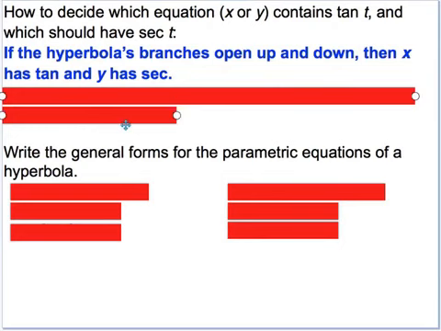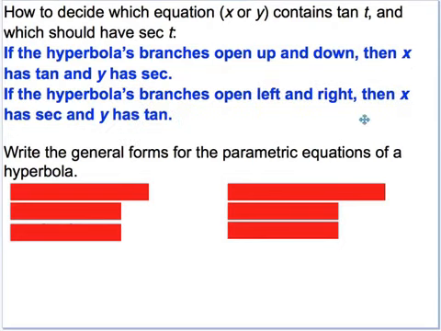Okay, if the hyperbola's branches open left and right, then x has secant and y has tangent. I don't know if there's any easy way for you guys to remember that, but just make sure you have this information in your notes and you know where to find it, so that when you have a problem and you have to figure out which way it's opening up, left or right or up and down, you can do so.